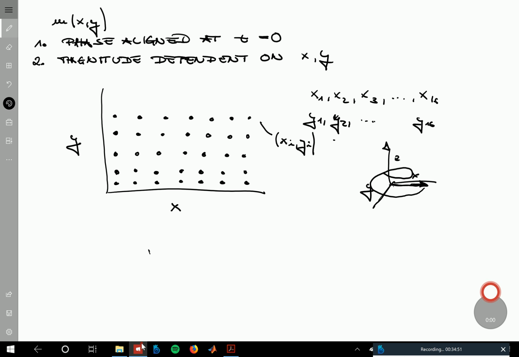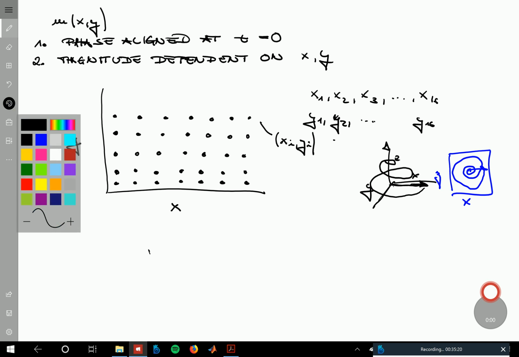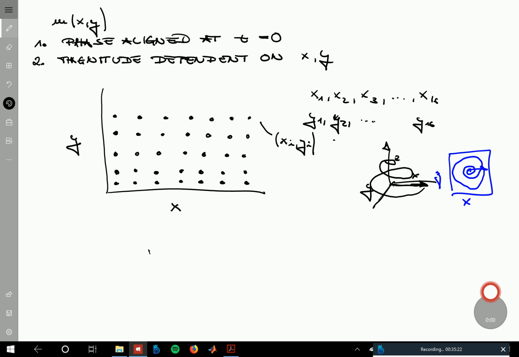We also said we are only looking at what's happening in the xy plane, and we forget about the decay. So nothing is decaying right now. The thing is just rotating.